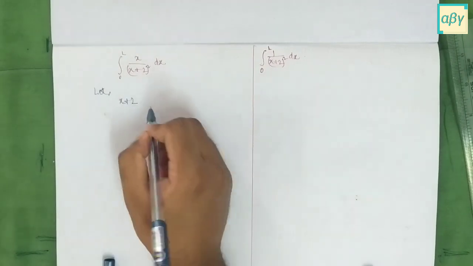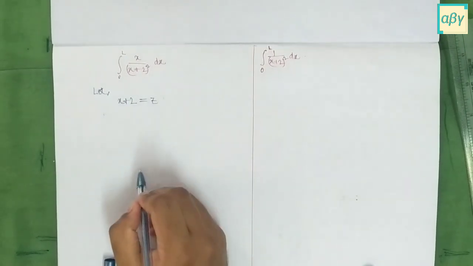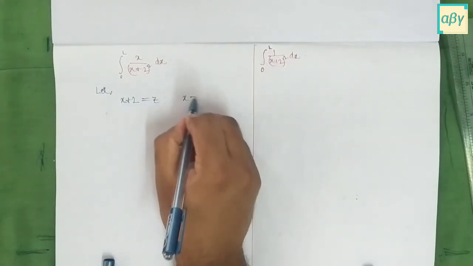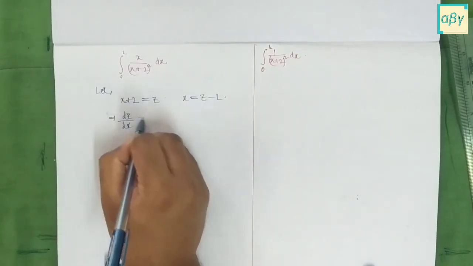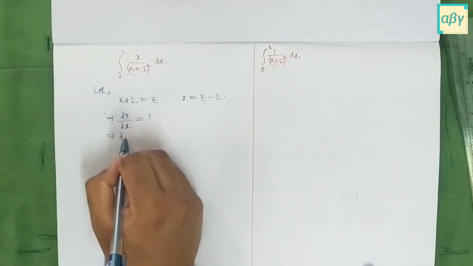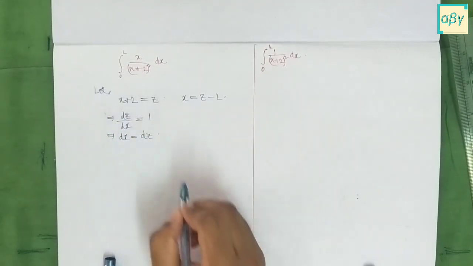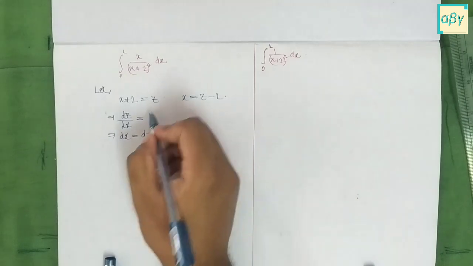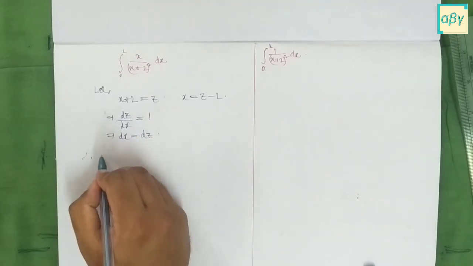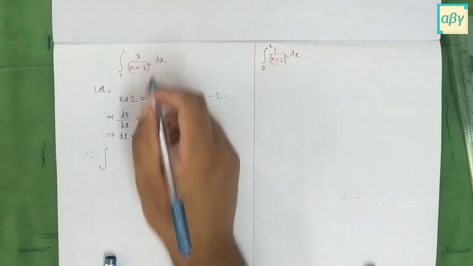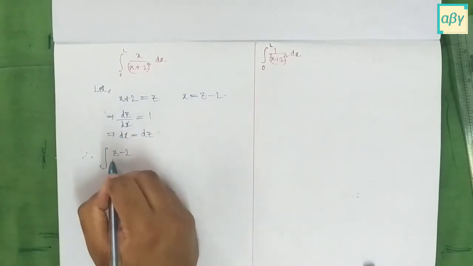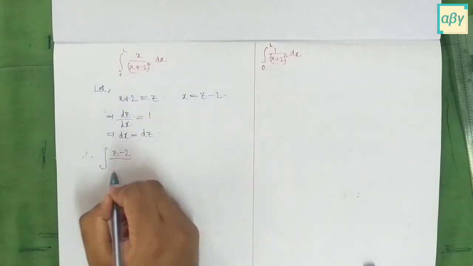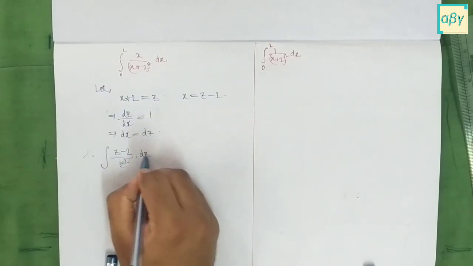Let me substitute x plus 2 with z. Then x becomes z minus 2, and if I differentiate both sides with respect to x, I get 1 equals dz by dx, so dx is equal to dz. Therefore, after substitution, my integration becomes integration of (z minus 2) divided by z squared dz.